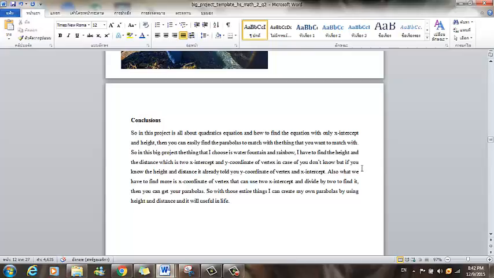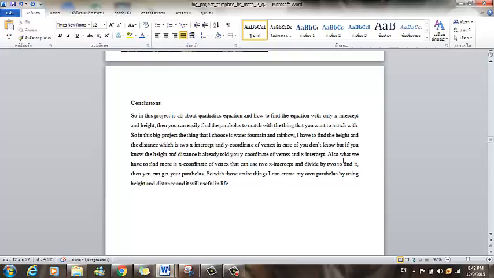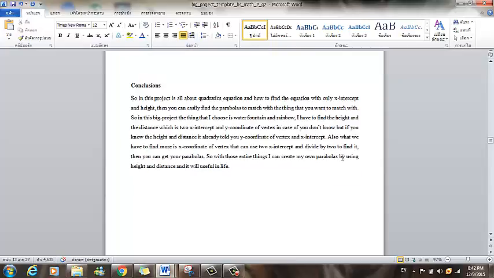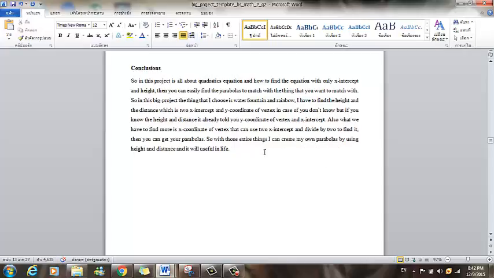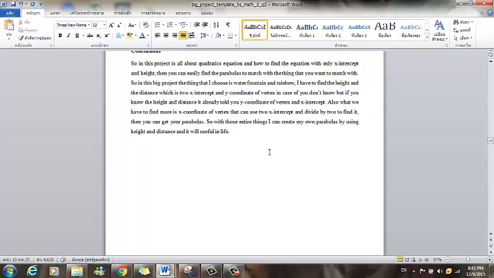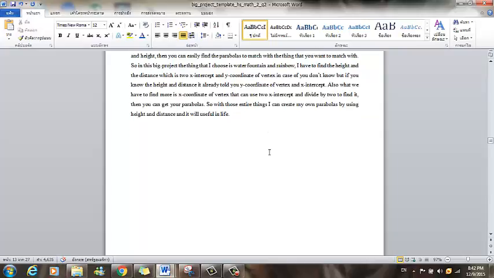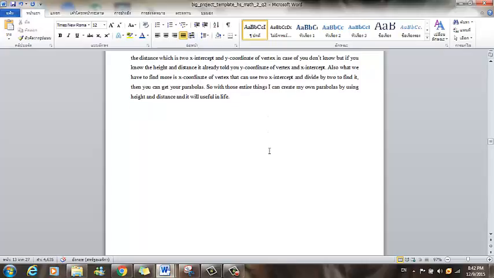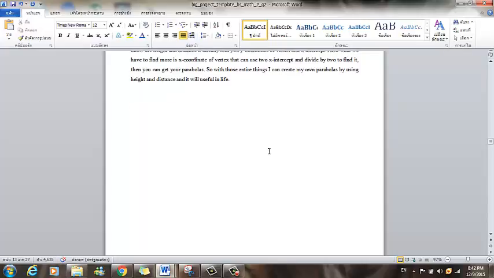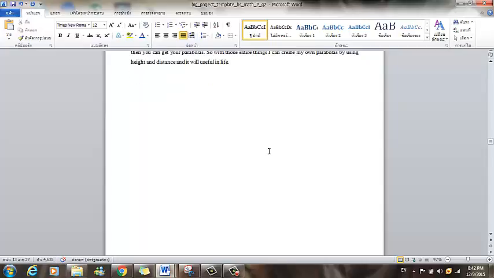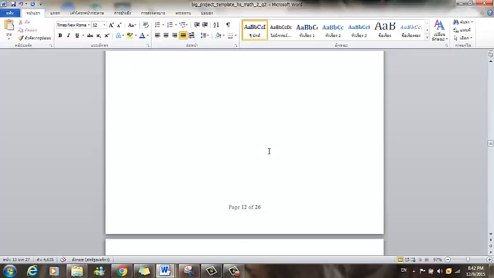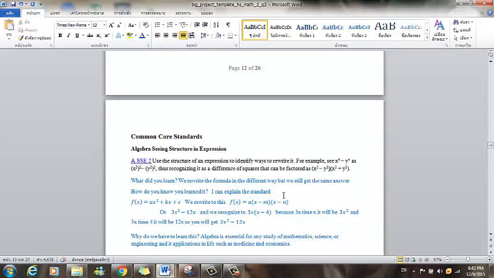If you know the height and the distance, they already tell you the y-coordinate of the vertex and the x-intercepts. We also have to find the x-coordinate of the vertex by adding the 2 x-intercepts and dividing by 2, to get the parabola. So in the entire project, you can create your own parabola by using the height and the distance.